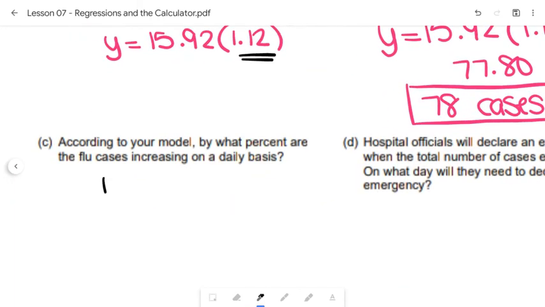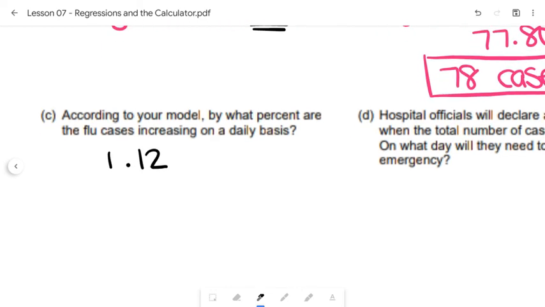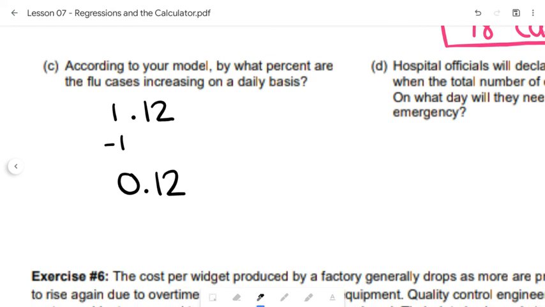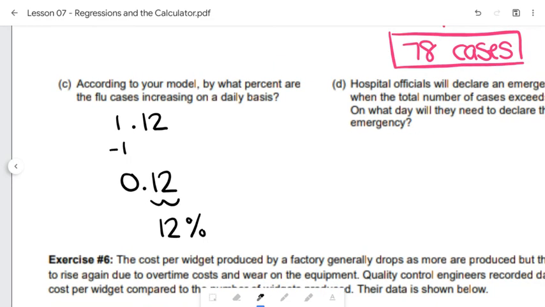So I can't have 1.12 there, but if it's bigger than 1, it's increasing. So I'm subtracting out that 1. So 0.12, and we convert it to a percent. We multiply by 100, or move it 2 decimal places, so 12% is what it's increasing by on a daily basis.